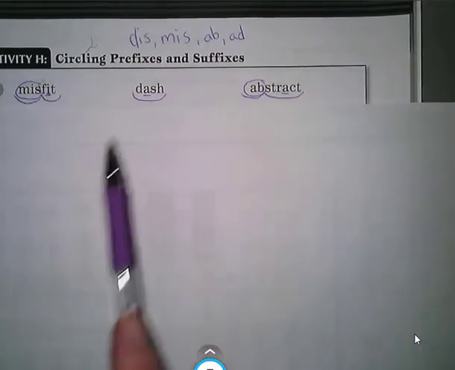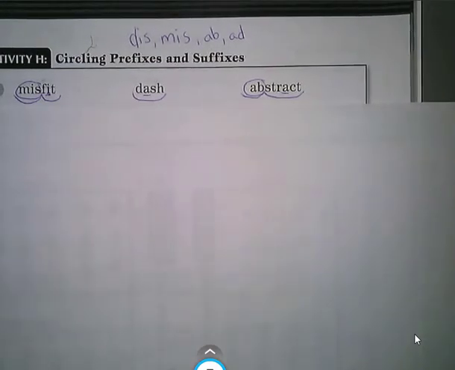Okay, so following those as your guidelines, go ahead and for the rest of Activity H, please circle all your prefixes that you're seeing in the words, underline the letters that are making the vowel sounds, and then scoop the word parts. And go ahead and pause your video while you complete the rest of Activity H. And when it's done, you can start it back up again and compare your answers to mine.